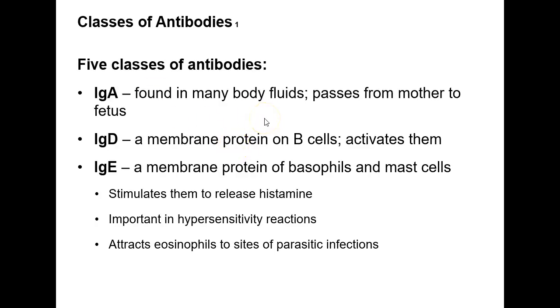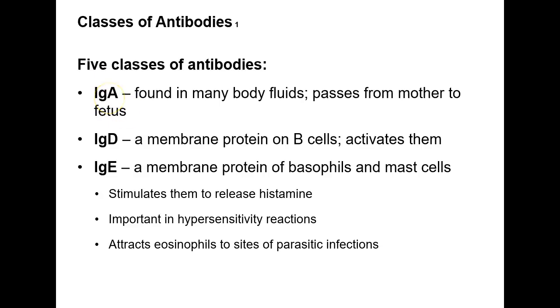So we can take all these antibodies and group them into 5 major classes. We have the IgA, IgD, IgE, IgG, and IgM antibodies. Starting with the IgA, these are the antibodies that are found mostly in your bodily fluids. You're going to see these a lot in mucous membranes. We see them in tears and saliva, things like that. These types of antibodies are also the ones that get passed from mother to offspring.